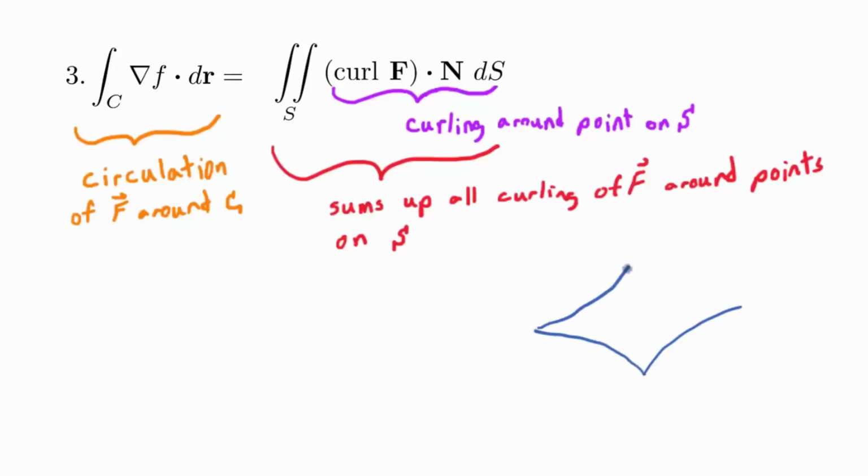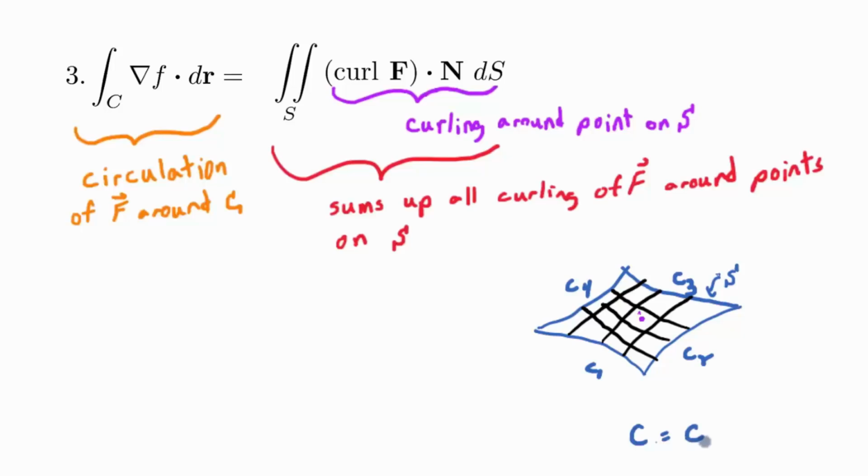Let's say, like the pillow picture I often draw, and you break it up into a grid of curvy linear curves that lie on S. So the pillow is S. If this is C1, this is C2, this is C3 on the outside, C4, then C is the union of all of those.